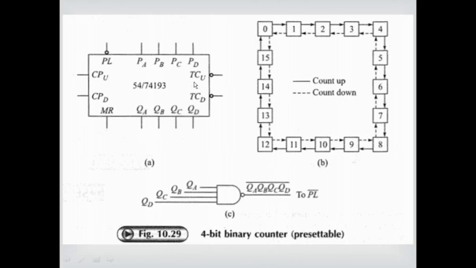Now, you may have a question, what are TCU and TCD? They are outputs actually. What is the difference between this output and this output? This output is a normal output, that is the output of each flip-flop. This is TCU and TCD.